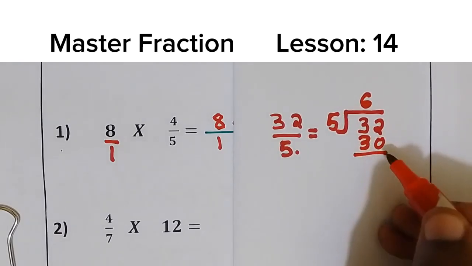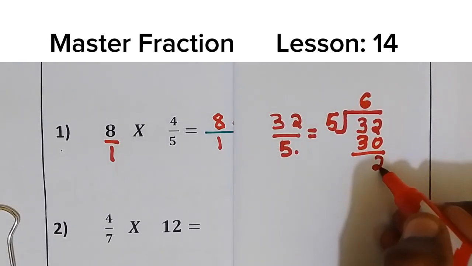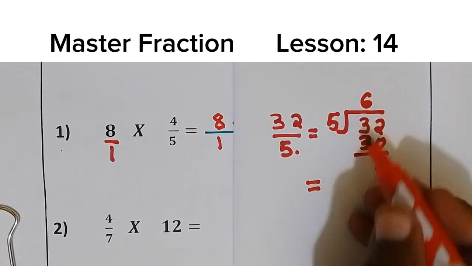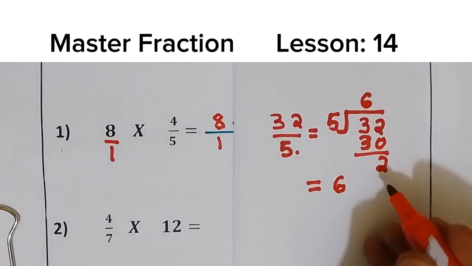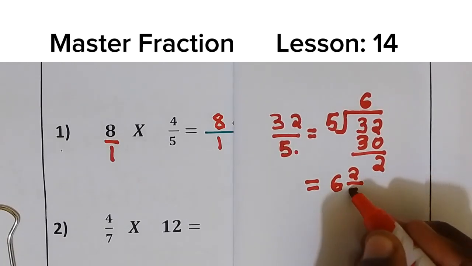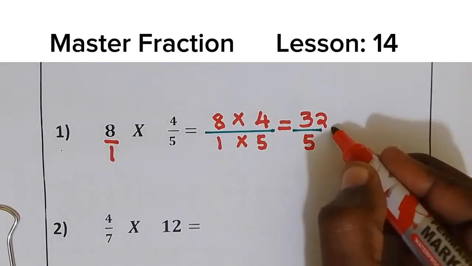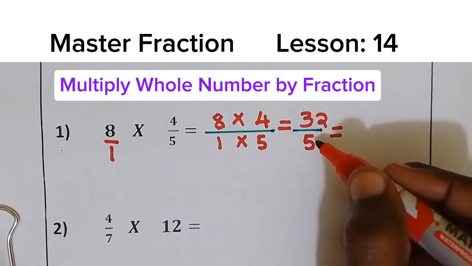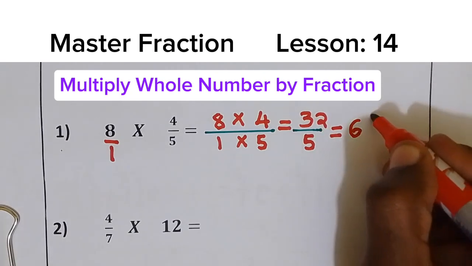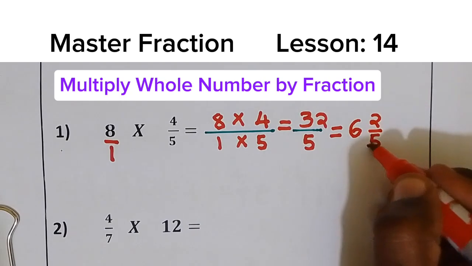Take away, the remainder is 2. So this is the same as 6 whole, remainder 2 over 5. We get 6, 2 over 5.